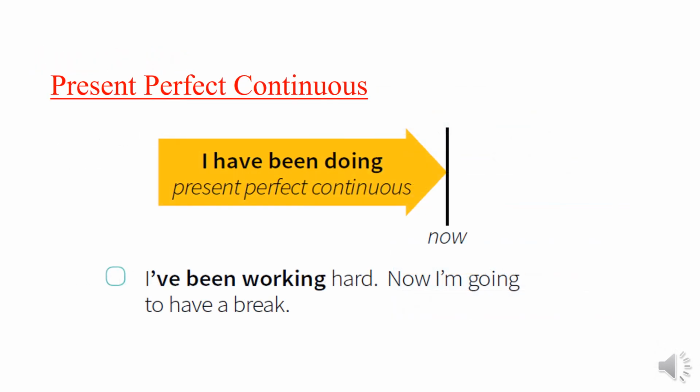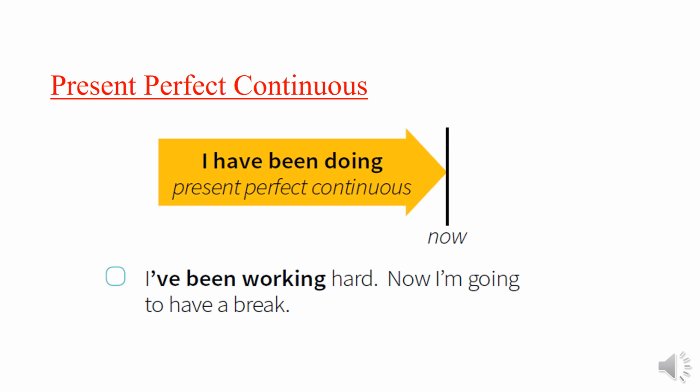In this timeline chart, you can understand we have the tense of present while the aspect of perfect and continuous. So the sentence represents present perfect continuous. Our sentence is, "I've been working hard, now I'm going to have a break."